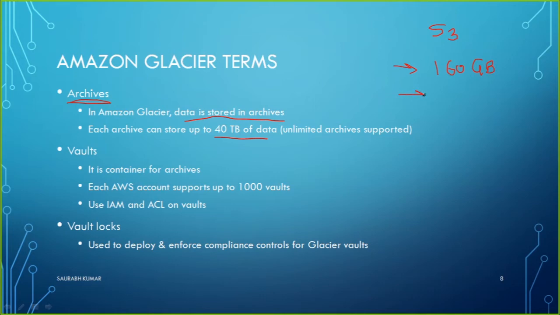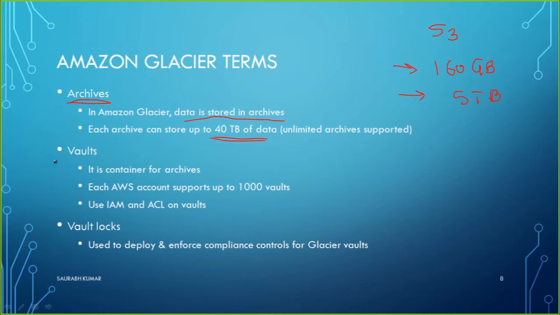If you use the CLI or any other method, it allows you up to 5 terabytes. Similarly, here a single archive file can be up to 40 terabytes. Maybe you have 40 TB of data, you can archive it, take a backup of it, and upload it there as a single file of 40 terabytes.